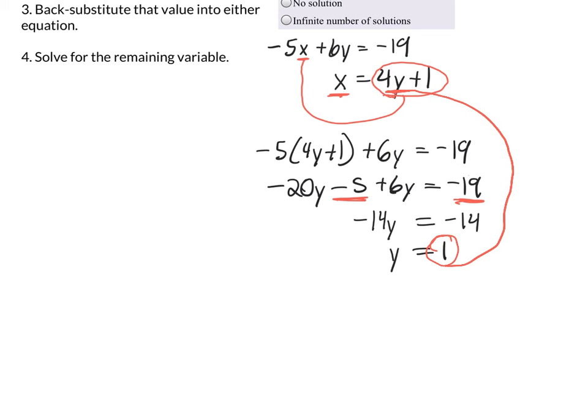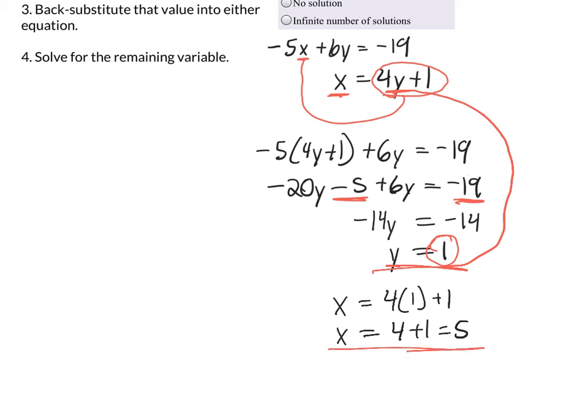I'm going to back substitute it in the one that's already solved for x, because that'll keep me from having to do any extra work as far as simplifying, moving terms around, that kind of thing. I just plug 1 in for y, and x works out to be 4 times 1 plus 1, which is 5. So I have a y value of 1 and x value of 5.